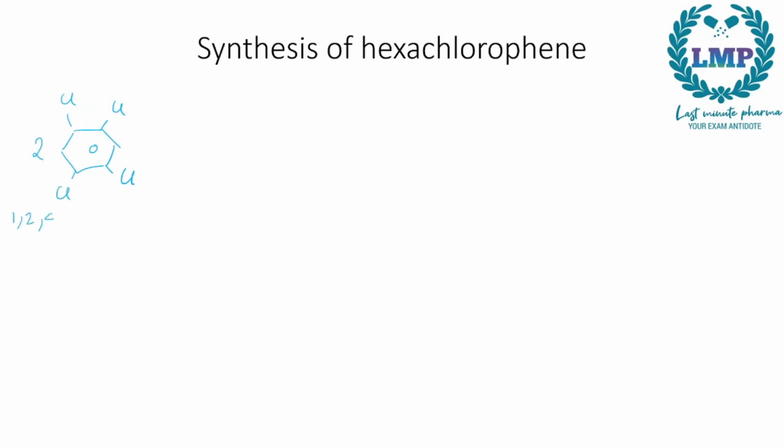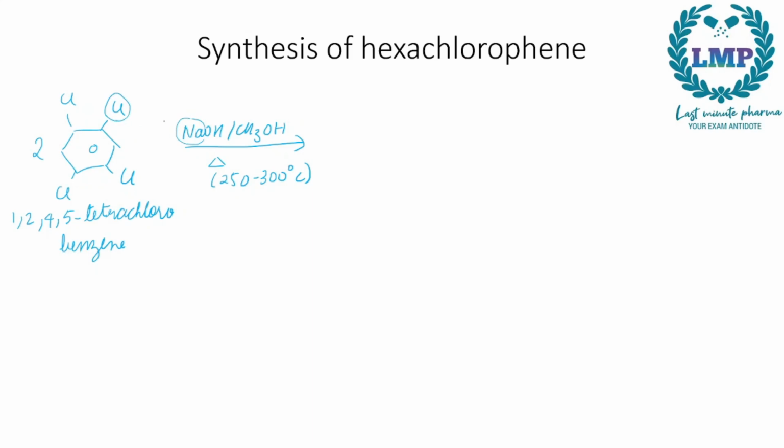For the synthesis of hexachlorophene, we will take two molecules of 1, 2, 4, 5 tetrachlorobenzene. To this we will add NaOH in the presence of methanol at a very high temperature of 250 to 300 degrees Celsius. So what will happen over here is Na will go and form a bond with Cl, and OH will replace chlorine.